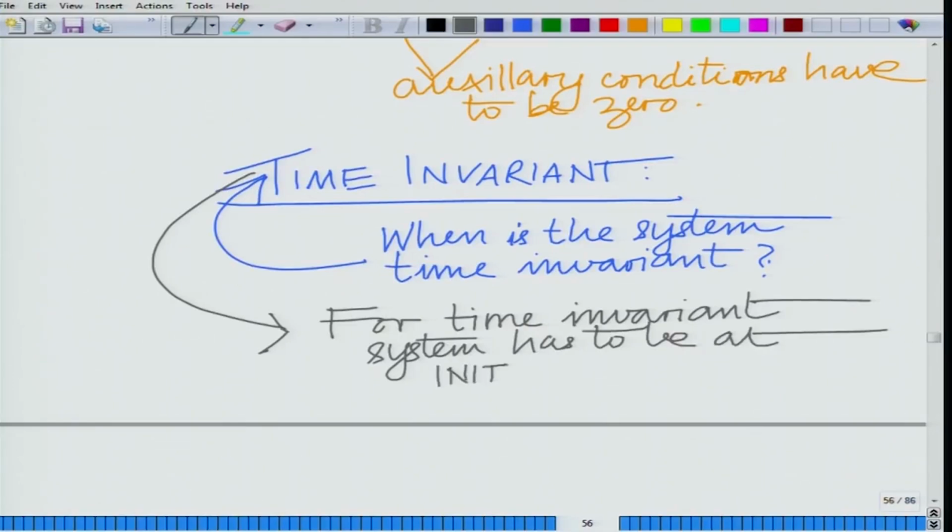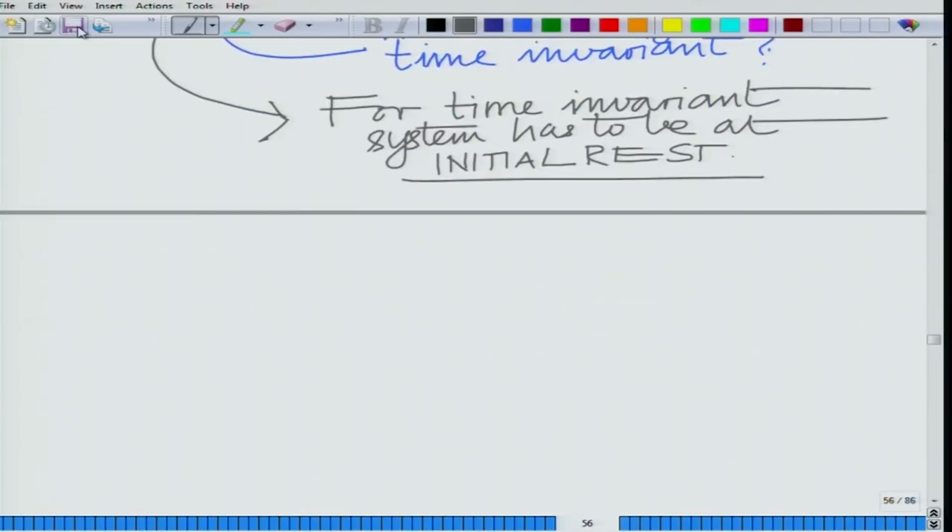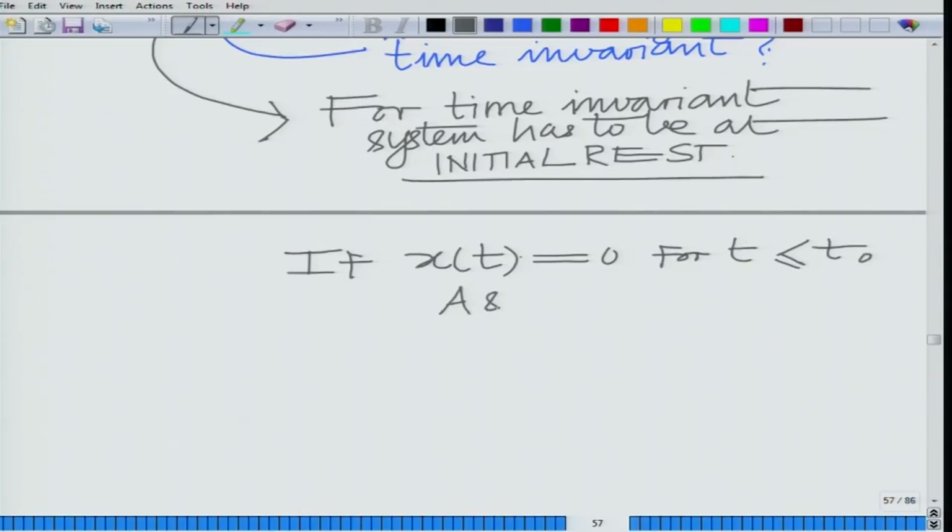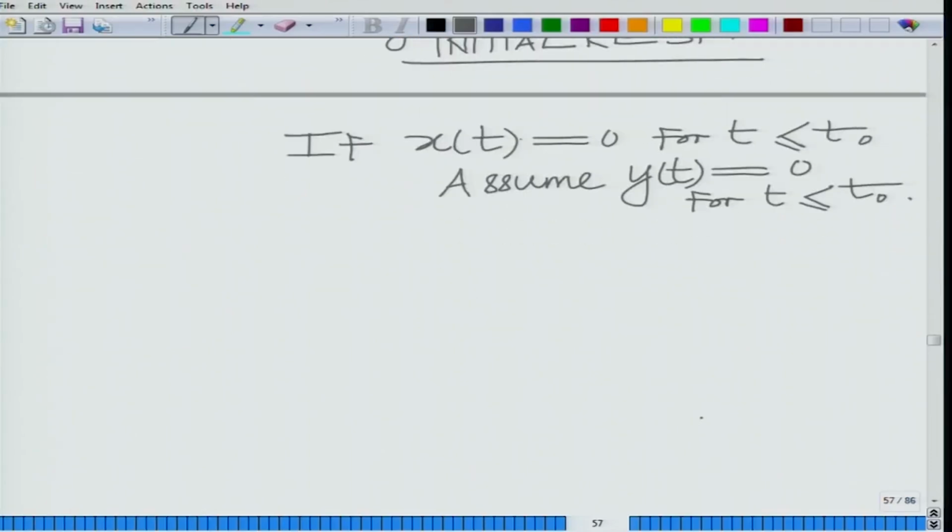This is known as the initial rest condition, which implies that if x(t) equals 0 for t less than or equal to t naught, then assume y(t) equals 0 for t less than or equal to t naught.